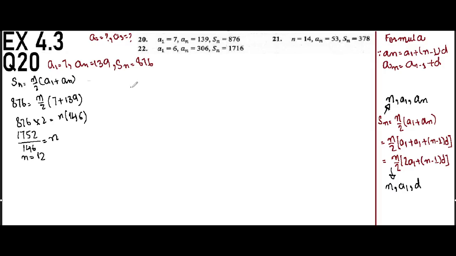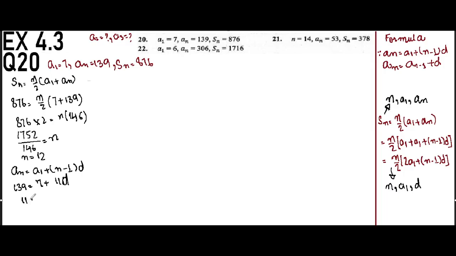Now we have the value of n, and we still have to find the value of d, which we are going to find using the value of an. So an is equal to a1 plus n minus 1 into d. An, 139, is equal to a1, 7, plus n, 12, minus 1, which is 11, into d. We have to find 11d.